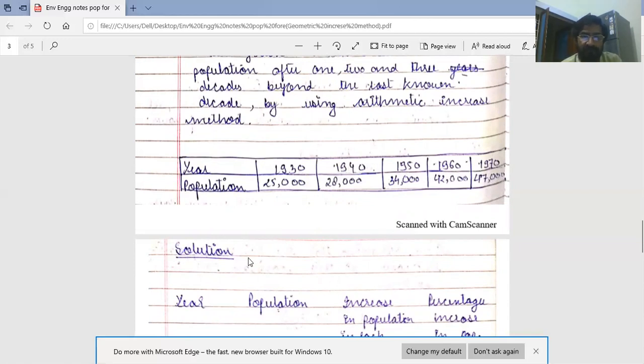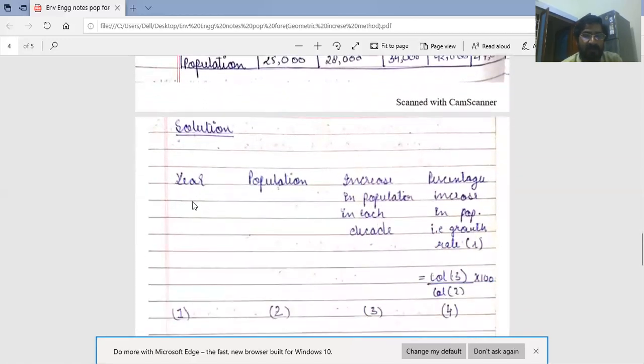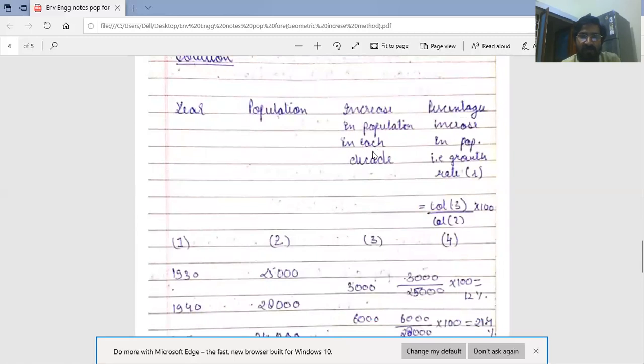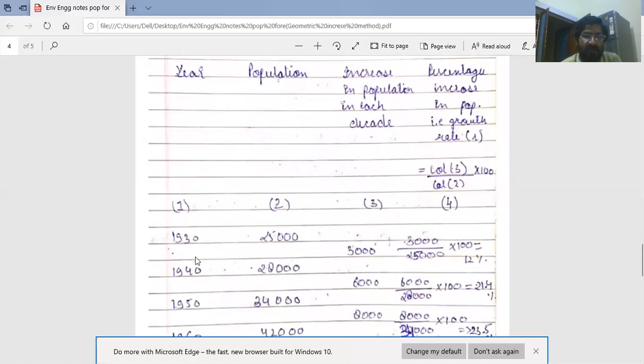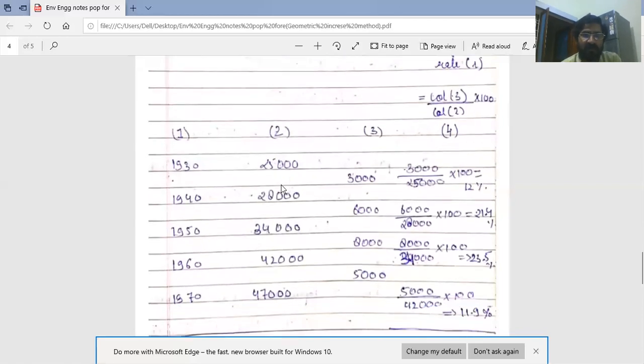Here is the solution. Here is the year 1930 to 1970, increase in population in each decade, and the fourth column is percentage increase in population, that is growth rate R. Growth rate R is equal to column 3 upon column 2. In 1930, population is 25,000.